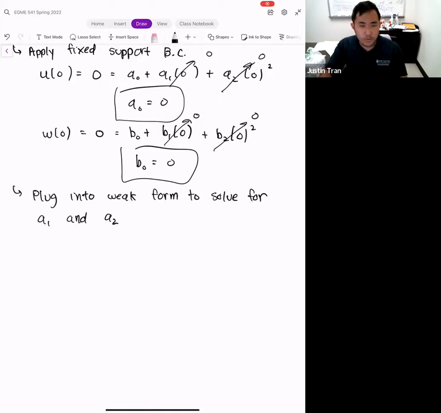We don't really care what happens to our weighting function; it's just there to help us out for a second. Let's go ahead and do that.